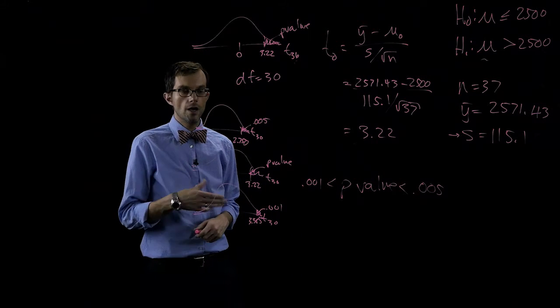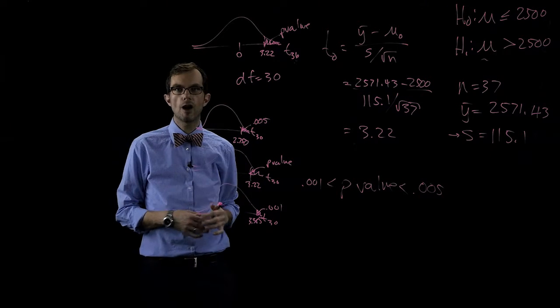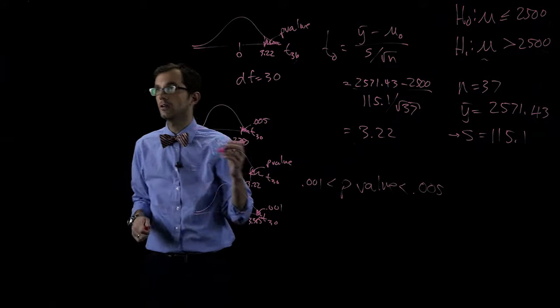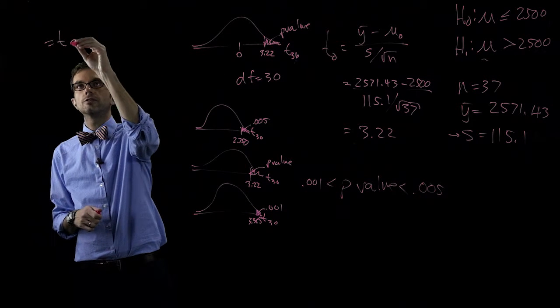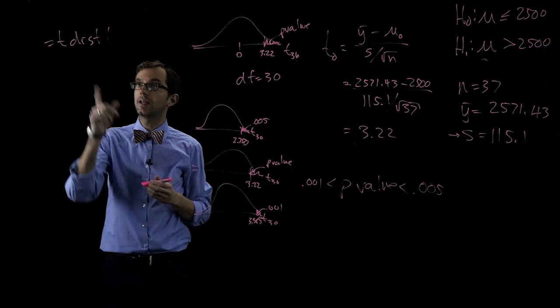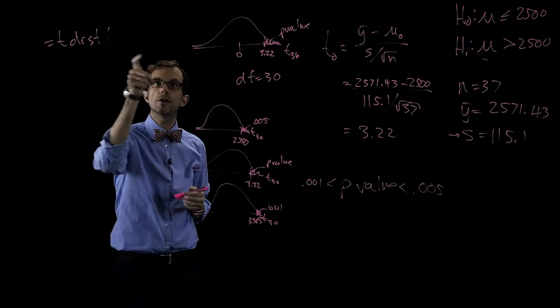But let's say we have Excel at our disposal and we want to counter this problem with degrees of freedom. We can use the t-dist function again. If you start typing t-dist into Excel, it will tell you what it wants you to enter.